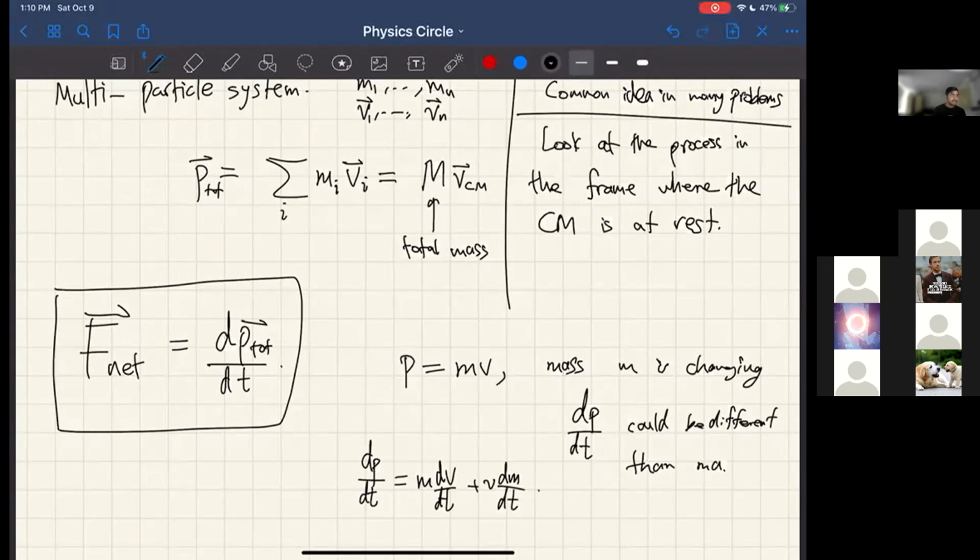So if the mass is changing, if some mass is being added to the system, and you know the rate at which the mass is being added, then you can find the force needed to sustain that dynamic. Good question. But yes, we'll see an example.